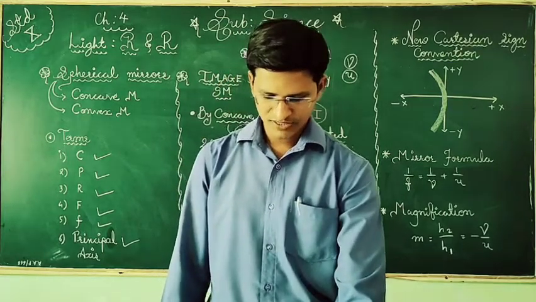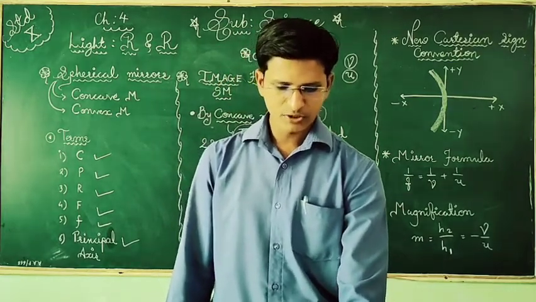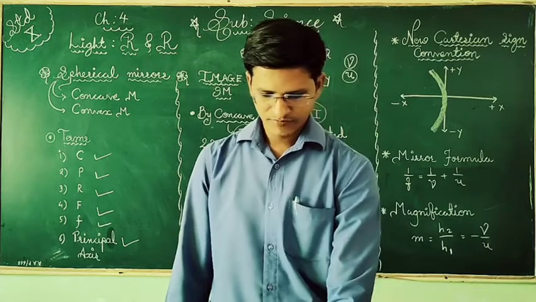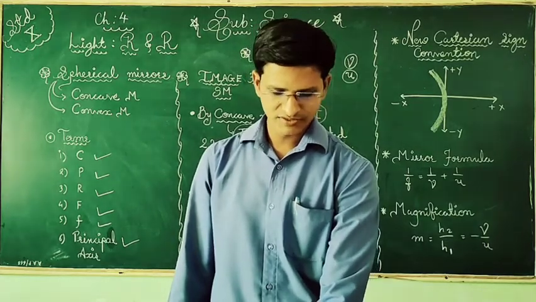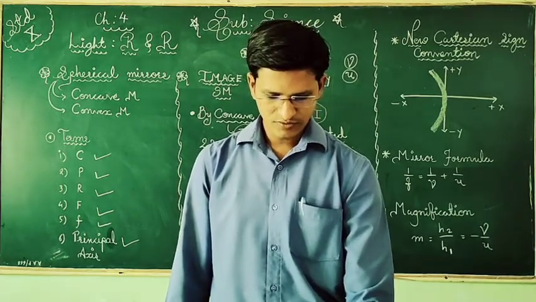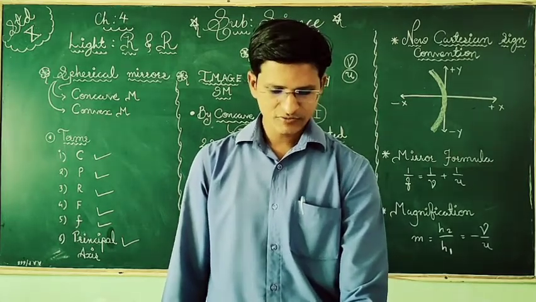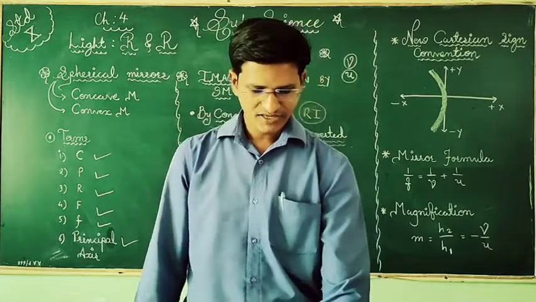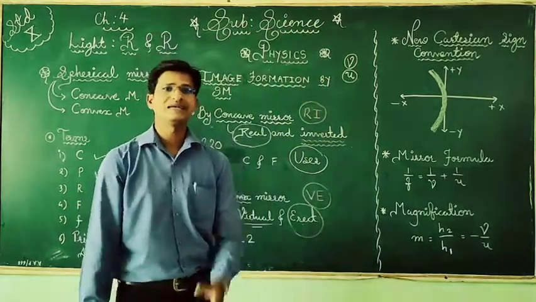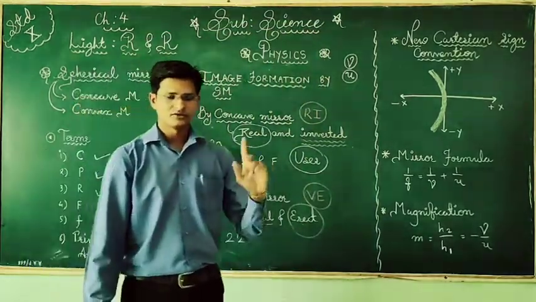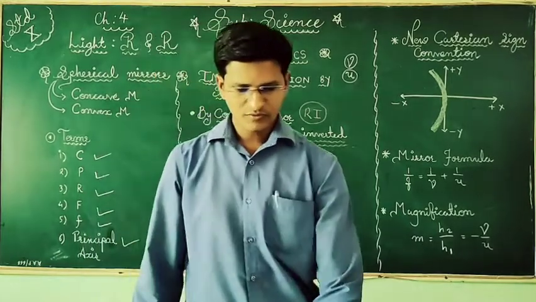When you see page number 221, when the object is placed at infinity, the image will form behind the mirror, the size of the image is highly diminished, and the nature of the image is virtual and erect. Clear? This type of question they can ask.